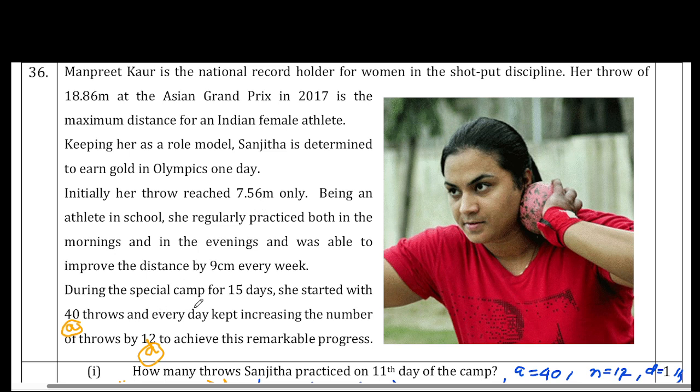During the special camp for 15 days, she started with 40 throws every day, increasing the number of throws by 12 to achieve this remarkable progress. So during the camp, first 40 throws, and increase the number by 12 regularly.